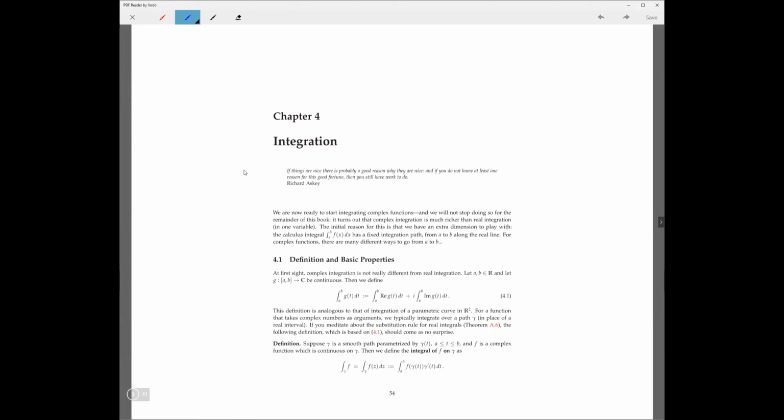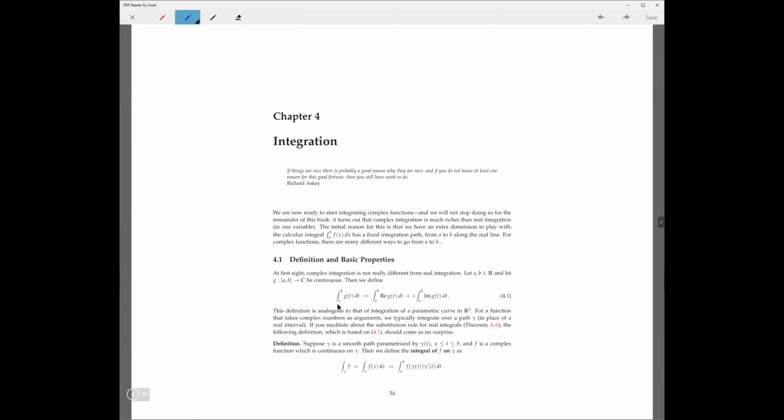Integration with complex variables is quite interesting, and maybe perhaps some stuff that you'll find that's quite powerful or unexpected. But first of all, at first sight, it's not really that much different from real integration.